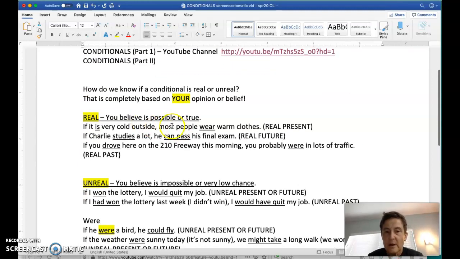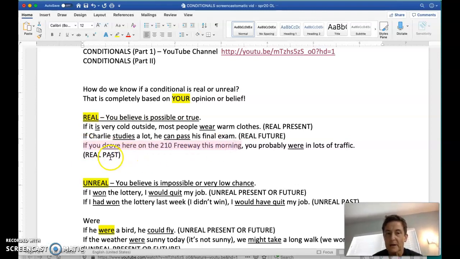I could say, most people wear warm clothes if it is cold outside, no comma, for real present. Or I could say, Charlie can pass his final exam if he studies a lot. That's real future. Or I could say, you probably were in lots of traffic, results clause, if you drove on the 210 freeway this morning. No comma.